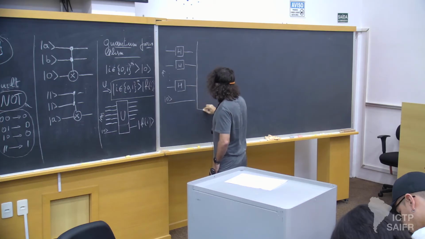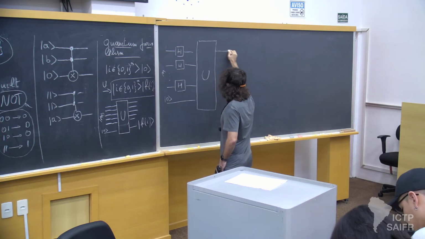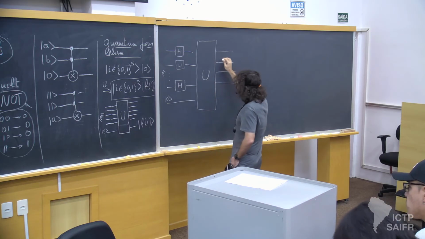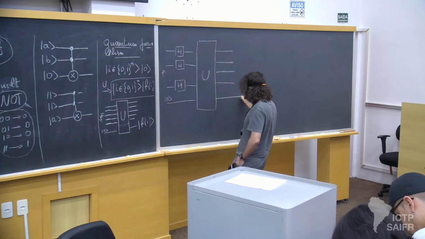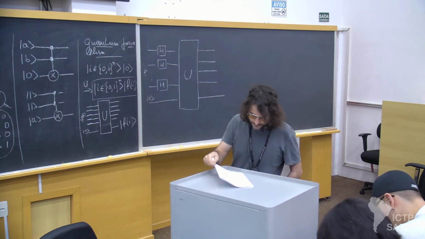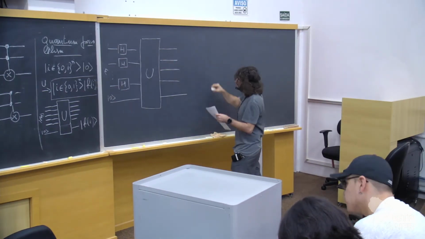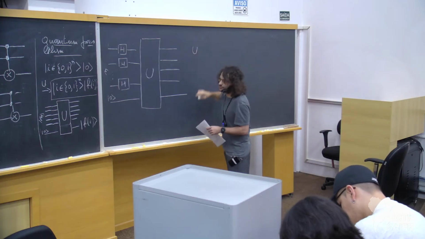Then we apply our black box, U, and we end up with, let's do the computation.